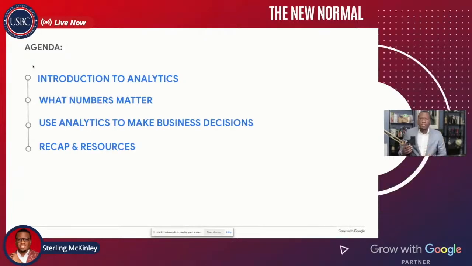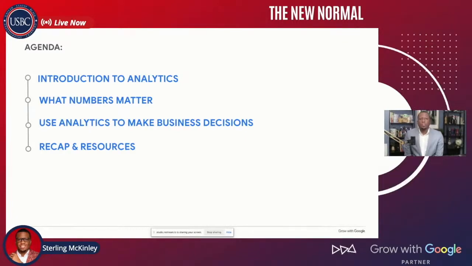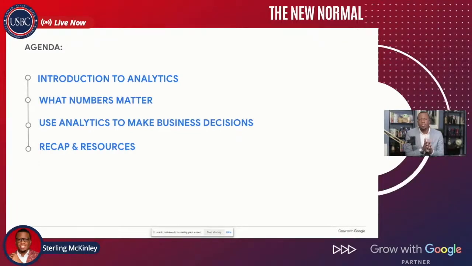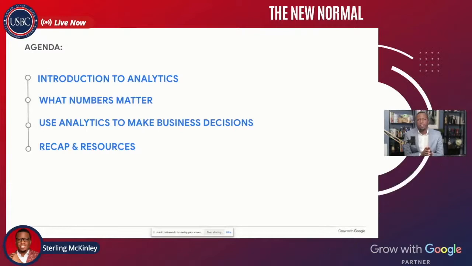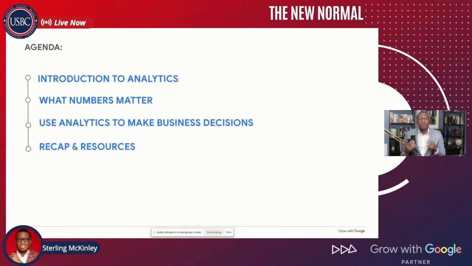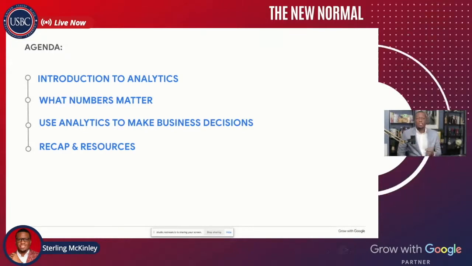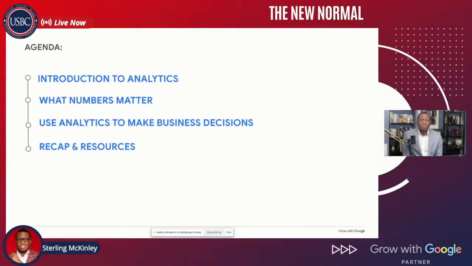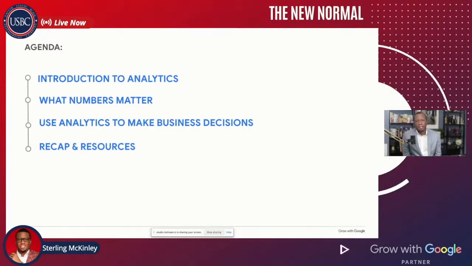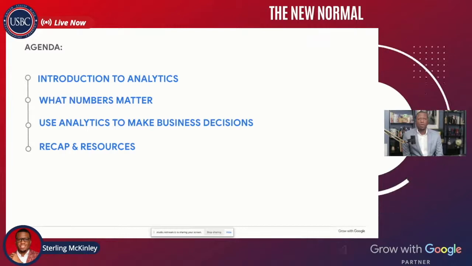Okay, so tonight I'll give you the agenda. It's not going to be too long, but first, we're going to have an introduction to analytics because I believe that is very key when doing digital marketing, that you understand analytics and what it's telling you. Next, we're going to talk about what numbers matter. When it comes to analytics, there's social media analytics, email, website, everything.